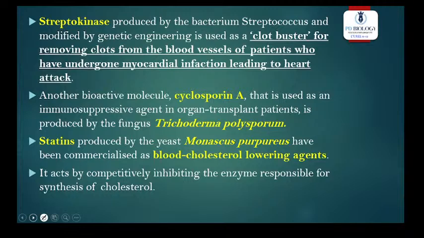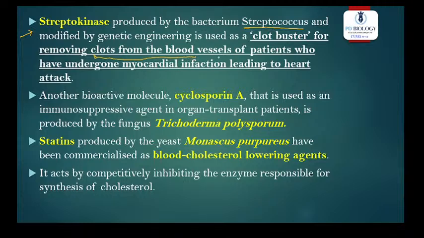Streptokinase, very important topic. Streptokinase, produced by the bacterium Streptococcus and modified by genetic engineering, is used as a clot buster. For removing clots, sometimes we face the problem of blood clotting.